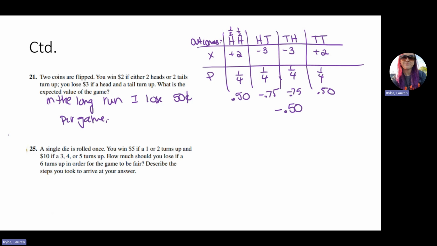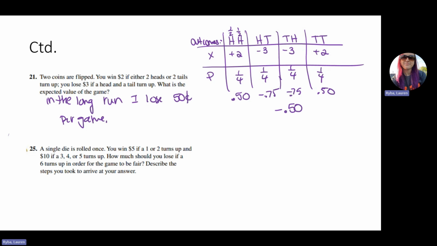And that should make sense, right? If you look at the beginning here, I gain $2 on two of the outcomes. I lose $3 on the other two outcomes with equal probabilities. So it makes sense that I'm losing money in the end. So one thing that you can use expected value for is to determine if you have a fair game. A fair game would come out to be an expected value of 0.